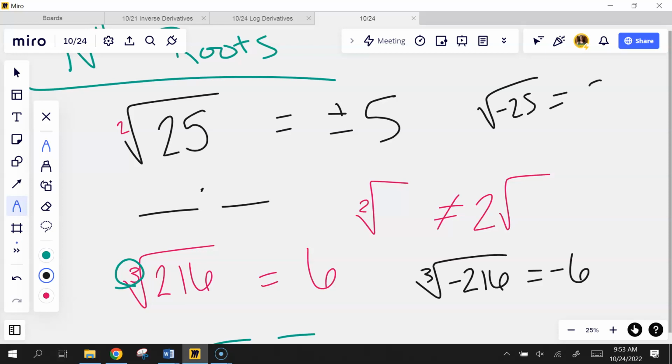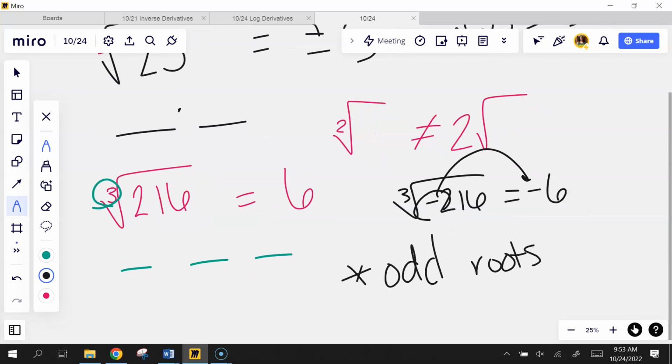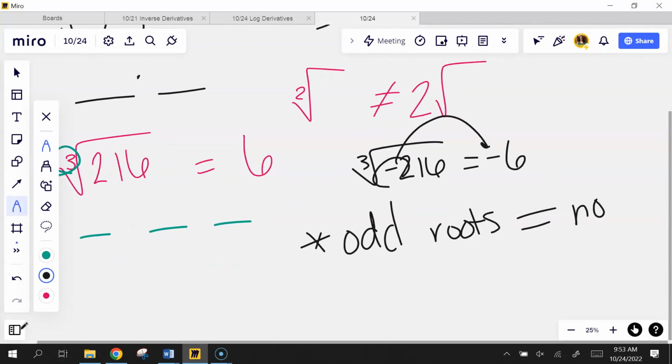That would give me the i, because I can't multiply it twice and get a negative. But here you don't need the i, because you can multiply 3 times and get a negative. So, odd roots: no i. They keep the sign that's under there.